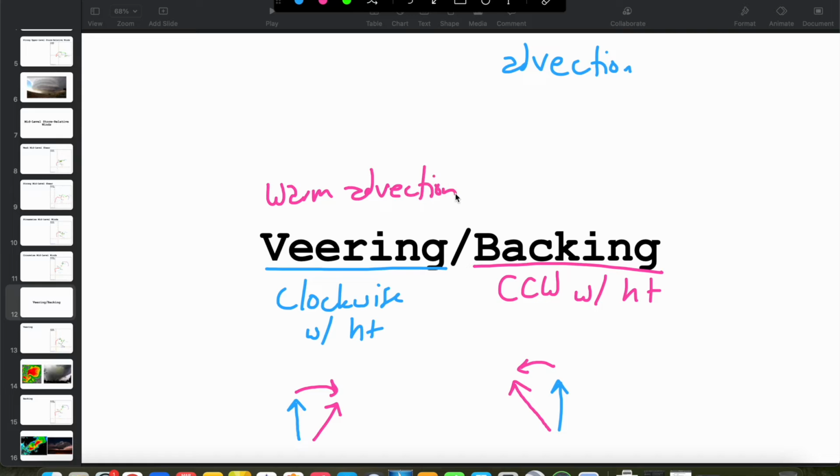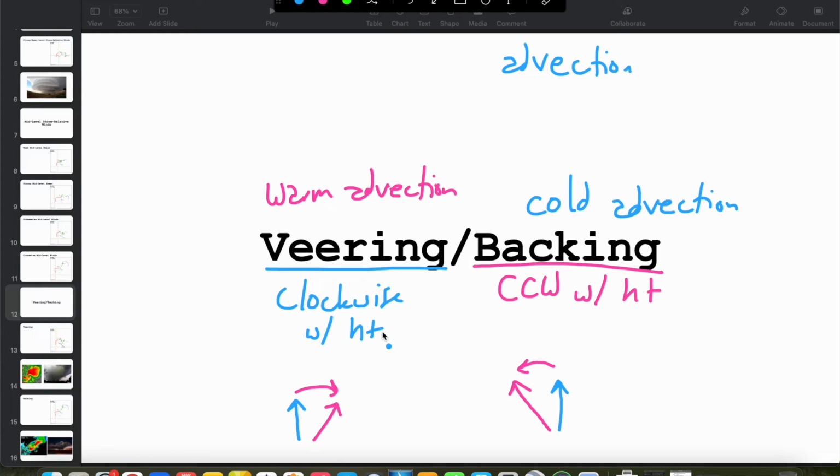So warm air is being transported into that region based on a clockwise turning wind profile with height in a certain layer. If you have backing winds in a certain layer, you have cold air advection. So not super pertinent to this particular discussion, but we may come back to these advection regimes and veering and backing later on in a subsequent video.